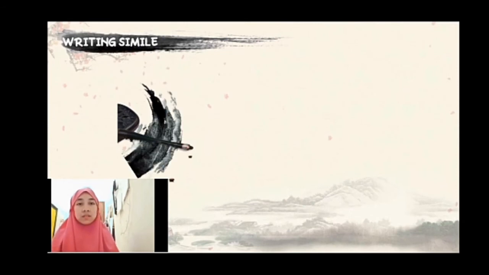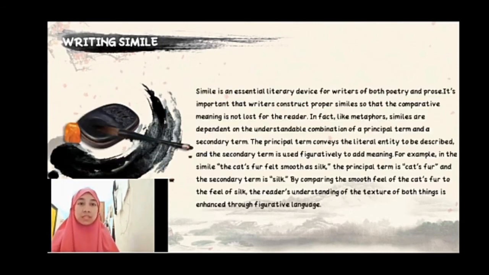And then next is about writing simile. Overall, as a literary device, simile functions as a means of creating an equivalent comparison or establishing similarity between two seemingly different things.